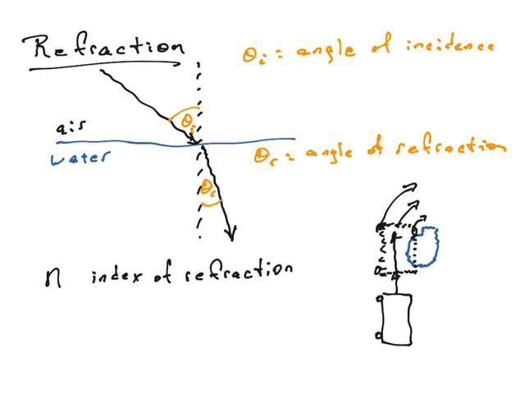The index of refraction, N, is a measure of the velocity of light in whatever material you're talking about. So, technically speaking, N is equal to the speed of light in a vacuum, c, 3 times 10 to the 8th, divided by how fast light moves in this material. So this is in the material, and this is in vacuum.